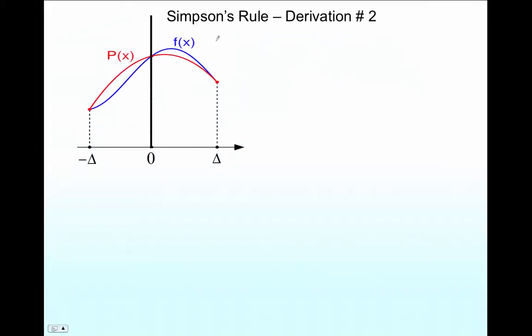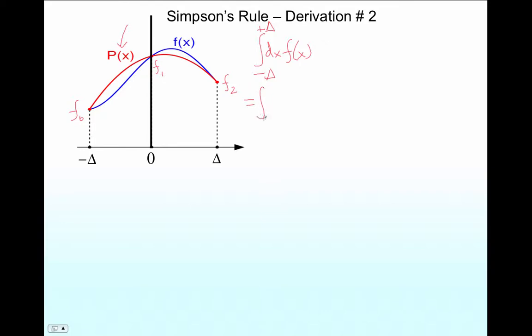We saw just a little while ago that it really doesn't matter where you choose your axes. So again, I'm going to choose them conveniently. The function at minus delta is f0, at 0 it is f1, at delta it is f2. I am not going to make any use of this polynomial p of x at all. It's just there because it was there earlier. What we want is this integral, the integral of f of x from minus delta to plus delta.